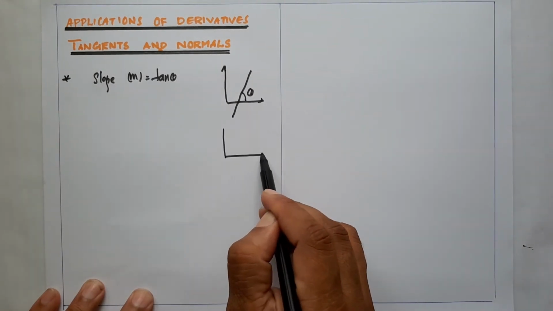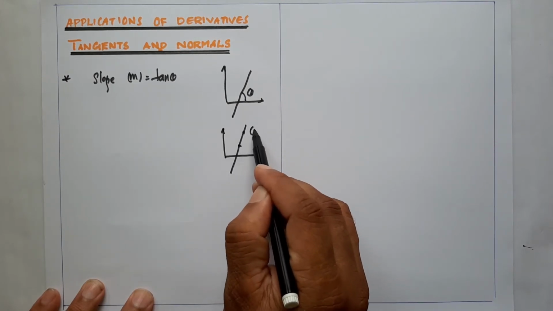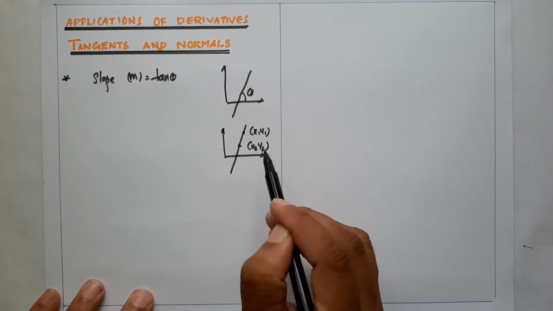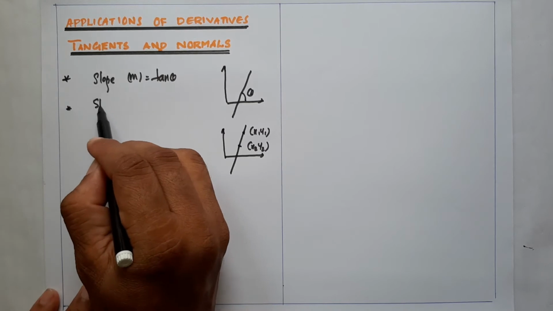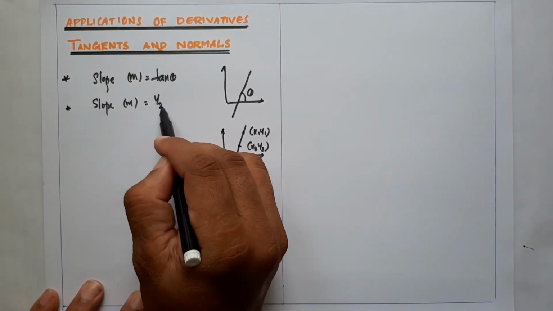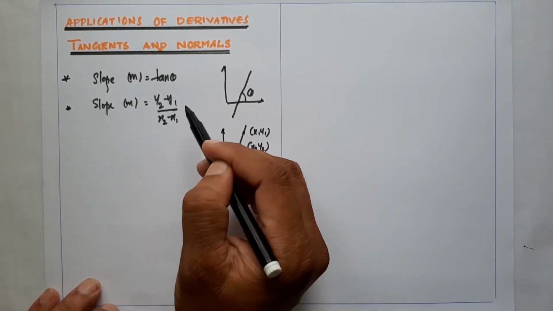Suppose a line passes through two fixed points, x1 y1 and x2 y2, then the slope m is equal to y2 minus y1 divided by x2 minus x1.